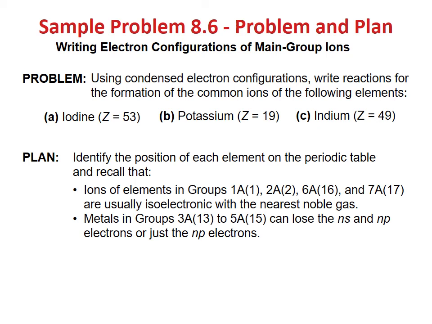And the metals in groups 3 to 5 can form cations with two different stable configurations. One is losing ns and np electrons, one is just losing np electrons.